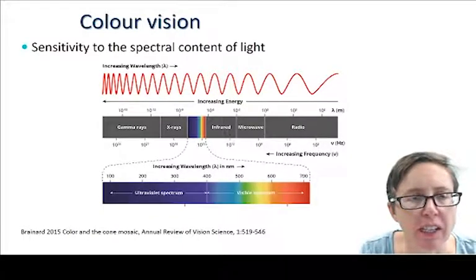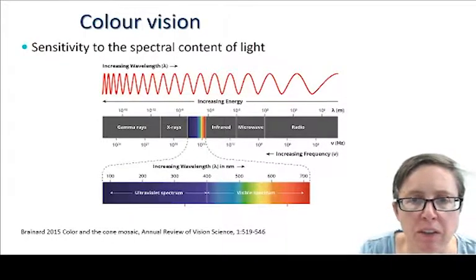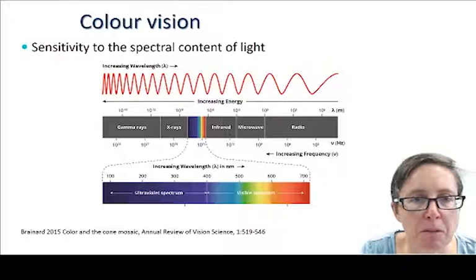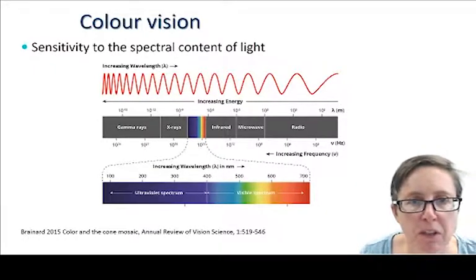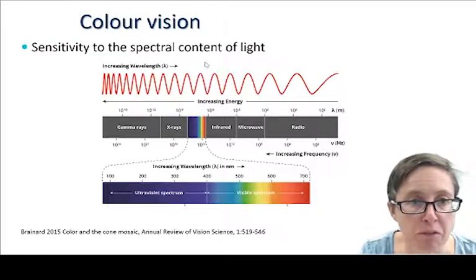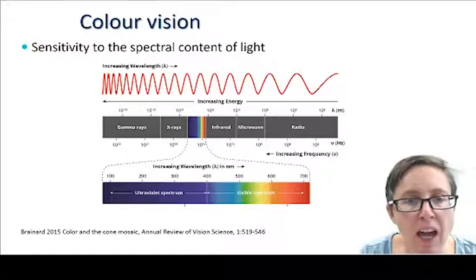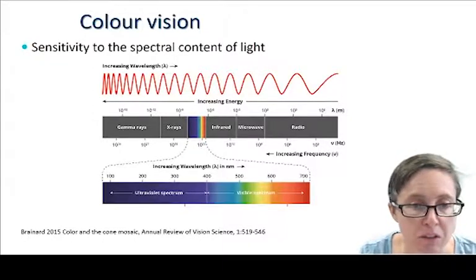So in this lecture, I'd like to talk a bit about colour vision, and that's the sensitivity that we have to the spectral content of light. So remember that light is made up of photons, which can be thought of either as particles or little waves, and the waves can have different wavelengths or frequency, and depending on the wavelength that they have, we perceive them as different colours.